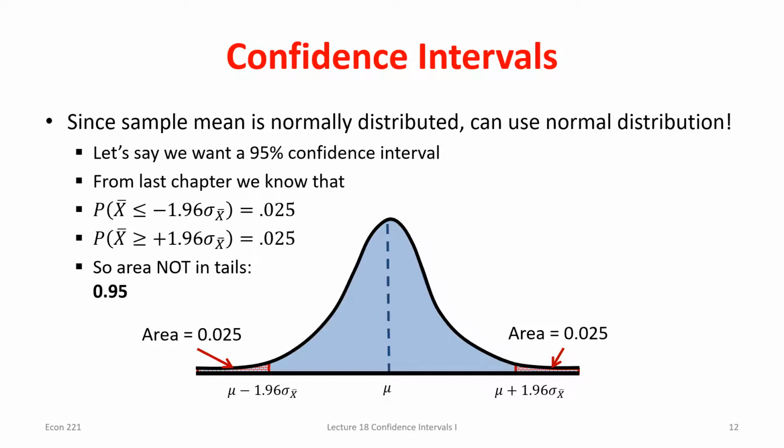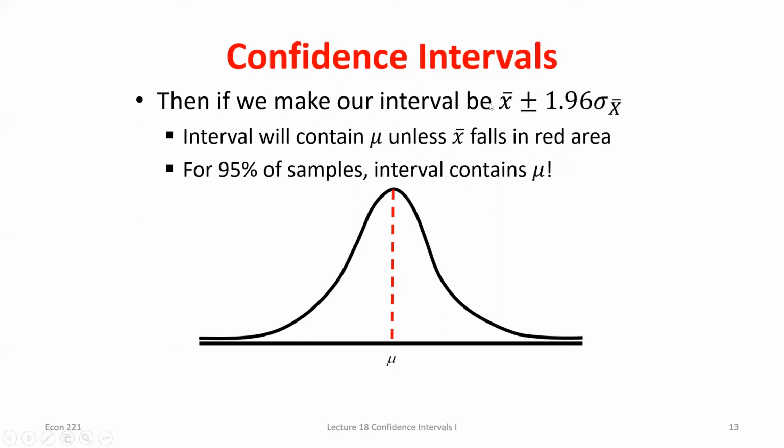We're going to take that sample mean, then go 1.96 standard deviations above and below it to get our lower and upper bound for our confidence interval. That's how I'm going to build the confidence interval for my sample mean.